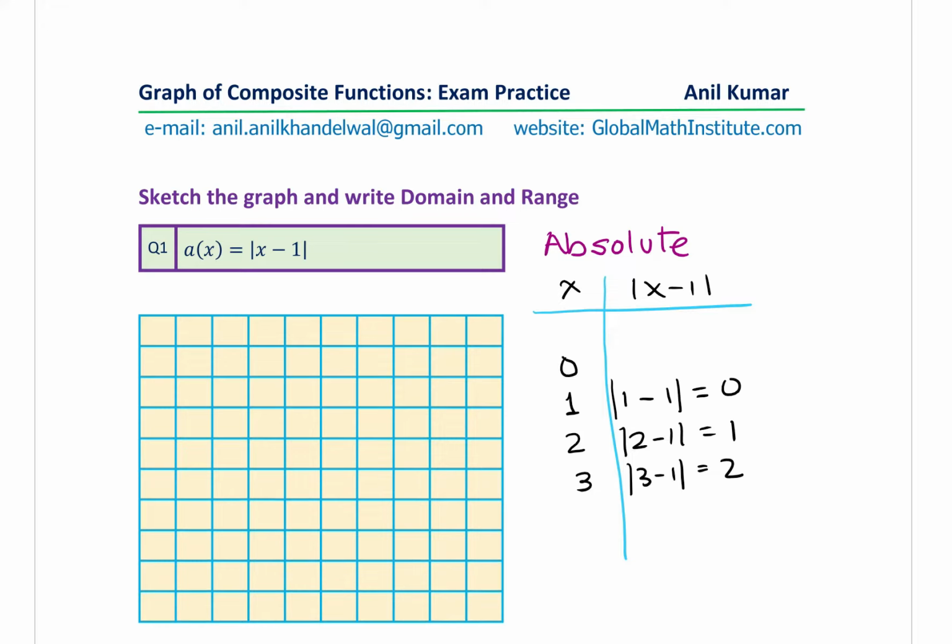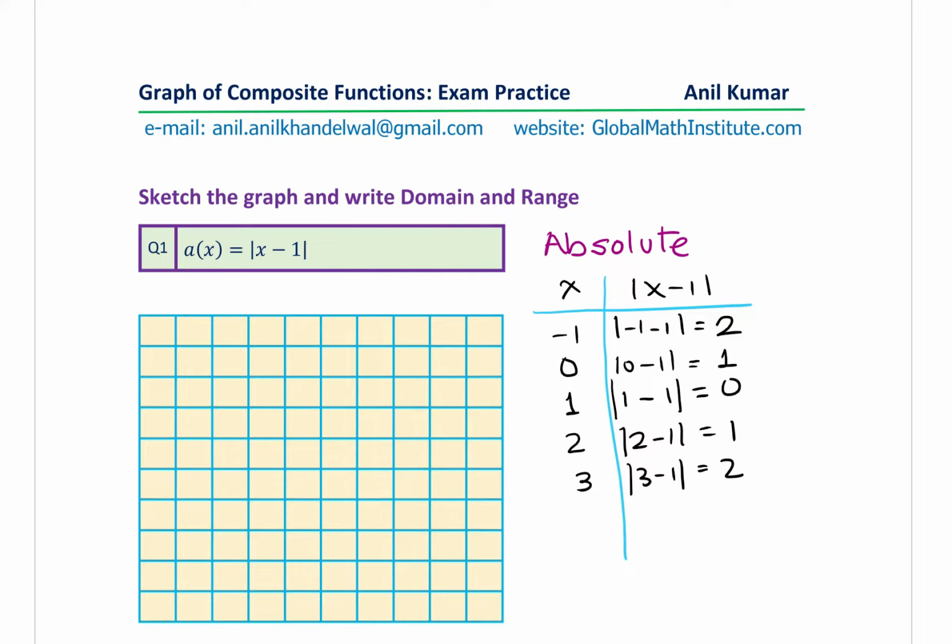If I substitute 0, we get 0 - 1, the absolute value of -1, which will be 1. And for -1, we'll get the absolute value of -2, which is 2, right? You can definitely plot these points and sketch your graph. Perfect. You could do that.